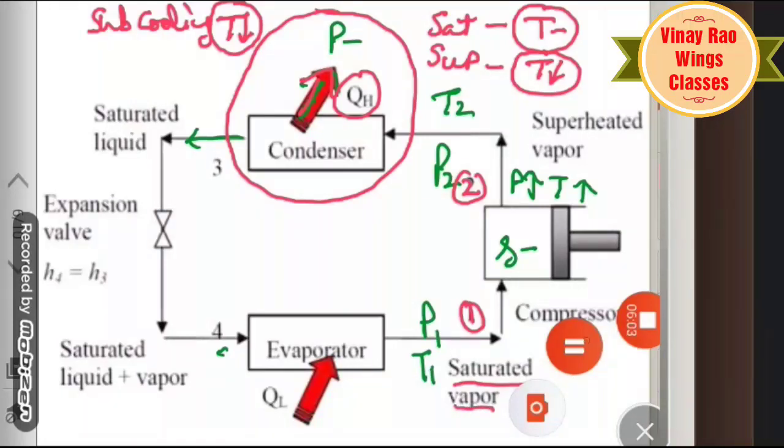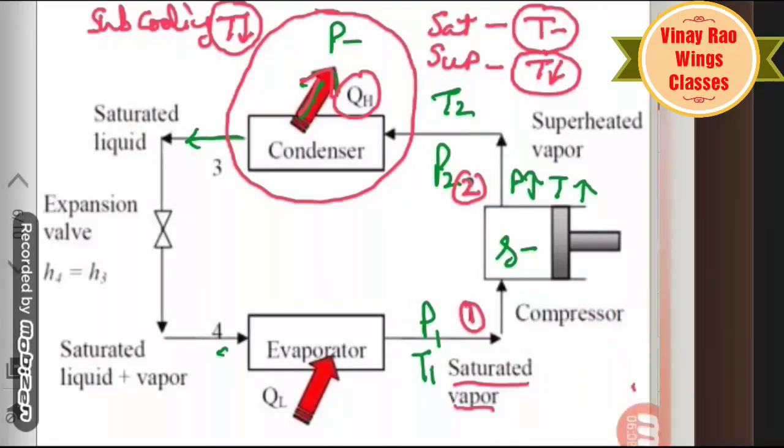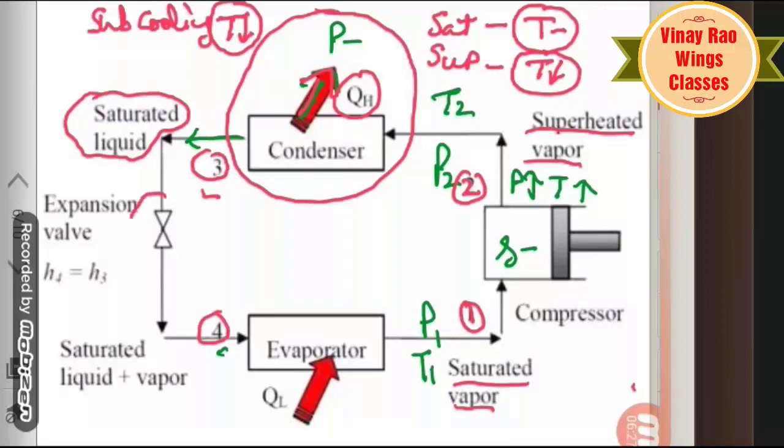After this, point 2 is superheated vapor. At point 3, all the molecules are in the saturated liquid state. After this, process 3 to 4 is the expansion valve.